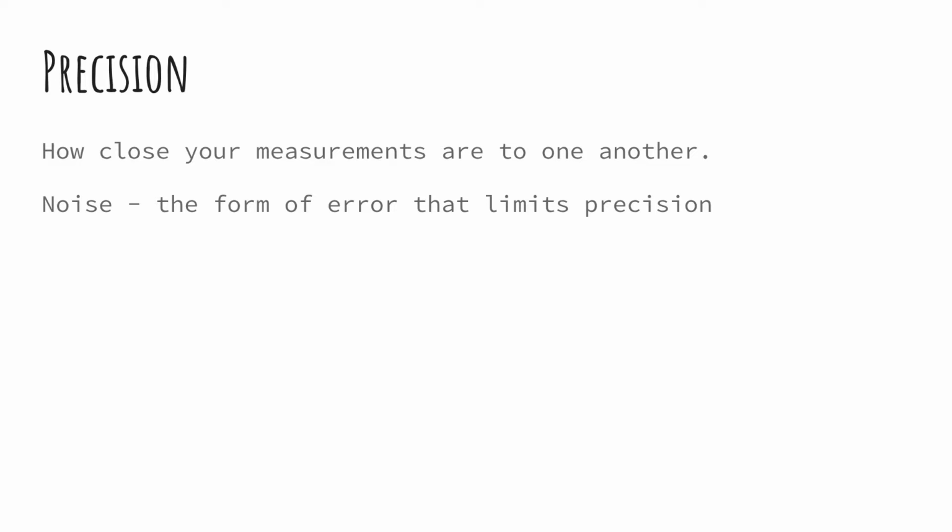So one way to increase the signal is to just take lots and lots of measurements. Another way is to actually find ways to increase the strength of the signal. Okay? But that varies depending on what sort of thing you're measuring. So, those are the two ways your measurements can be good or bad. Talking about accuracy and precision, bias and noise.